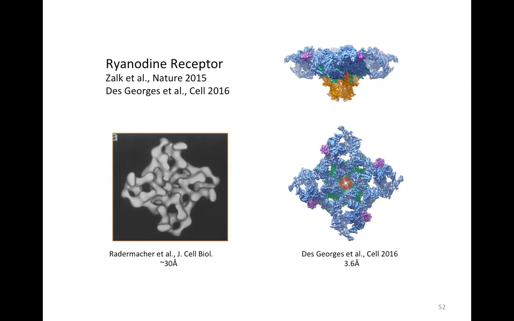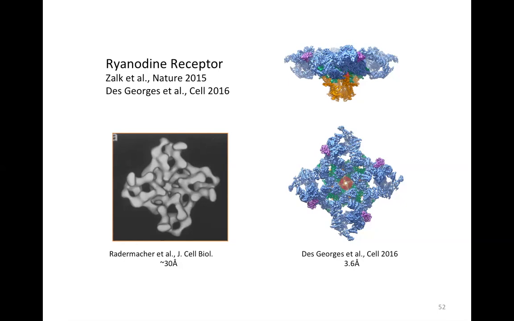Now you recognize the ryanodine receptor from a slide that I showed earlier, where we only achieved 30 angstrom resolution, and now we get all the way to 3.6 angstroms for different conformation and activation states.